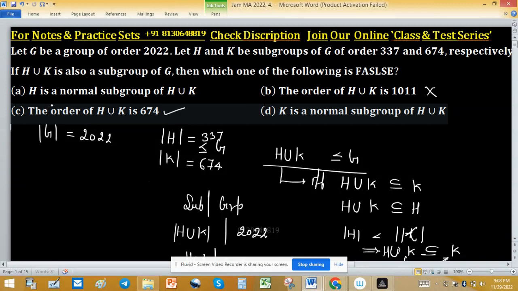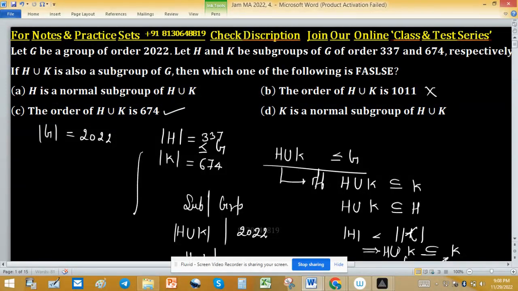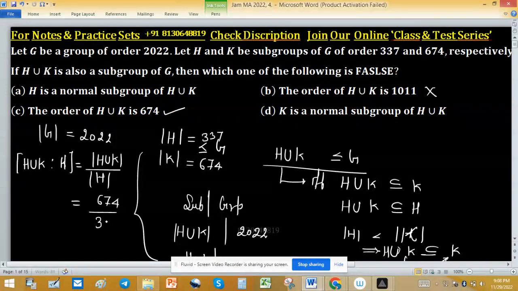Now option A is saying H is a normal subgroup of H union K. To check normality, we try to find the index of H in H union K. This is equal to the order of H union K divided by the order of H, and the order of the union is 674 divided by 337, and we are getting 2.